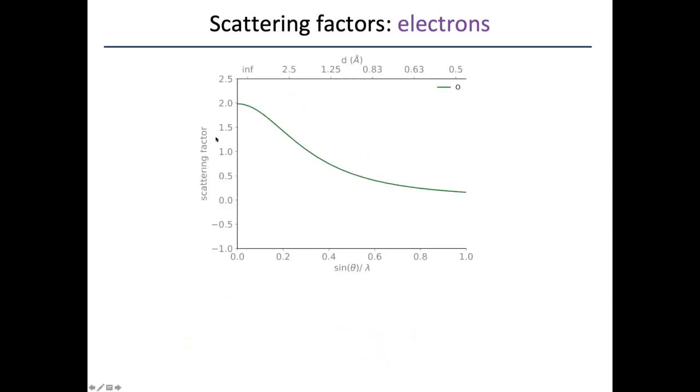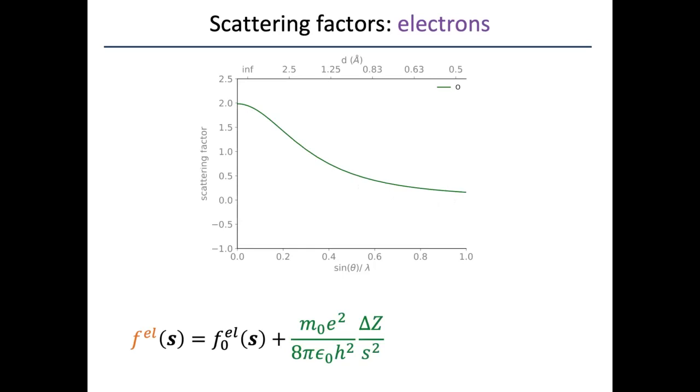So let's see first the scattering factor for oxygen. It looks quite similar to X-ray. Of course, the values itself are a bit different, but the overall behavior is the same. And what happens now for the charged oxygen species? So here, let's say we have a -1 charge on the oxygen.